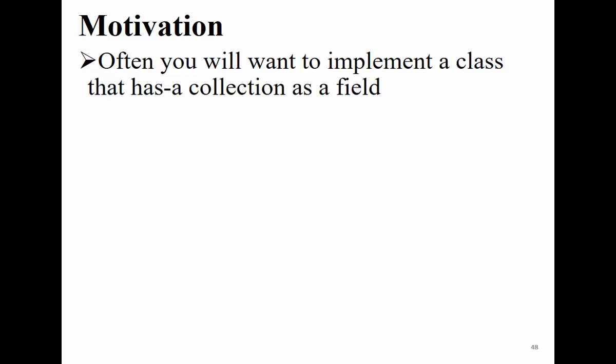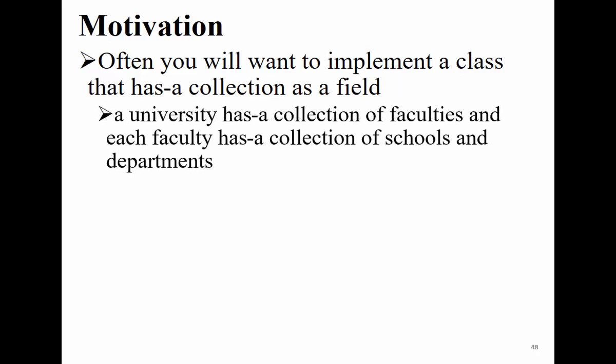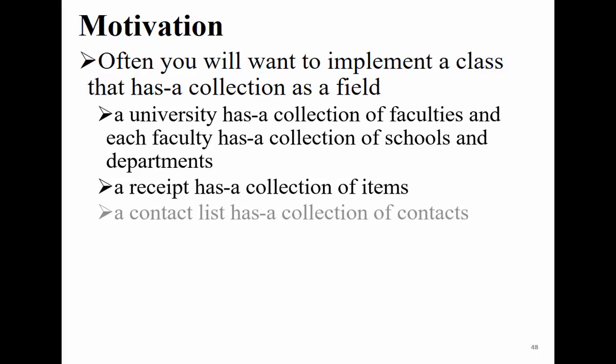Keeping that in mind about shallow copy, deep copy, and aliasing, let us discuss composition and relations when we have a field that is a collection inside the object. Okay? So a university has a collection of faculties, each faculty has a collection of schools or departments, and a recipe has a collection of items. All these kinds of objects have a collection inside them, yes? So they have a field of collections.